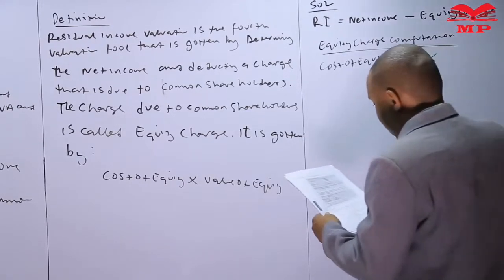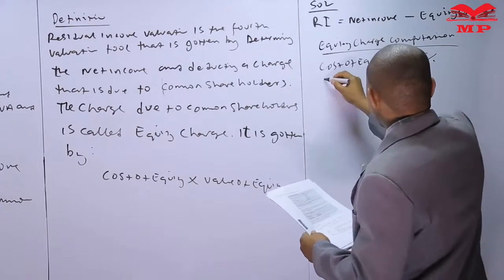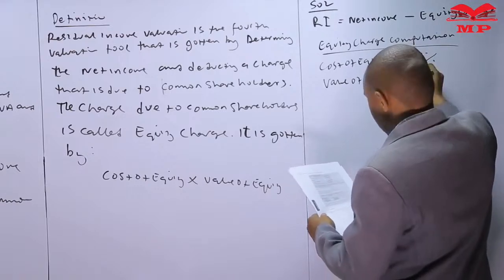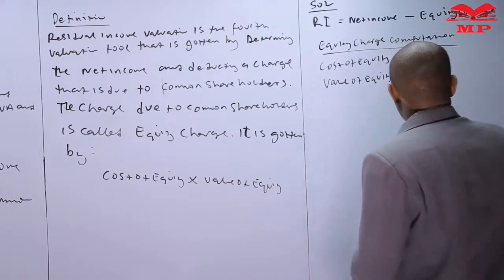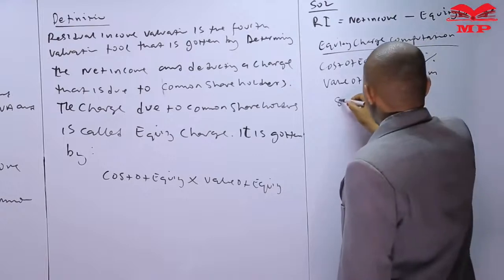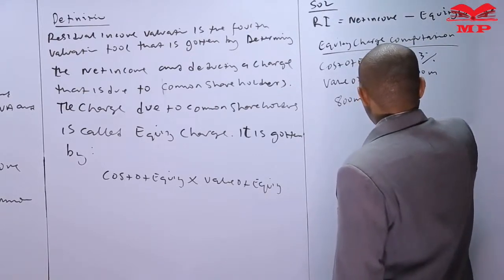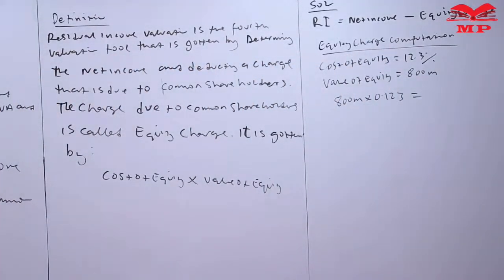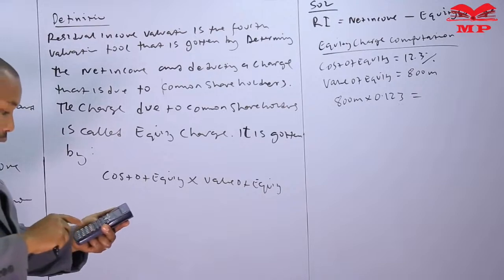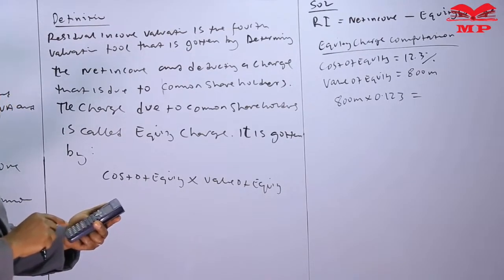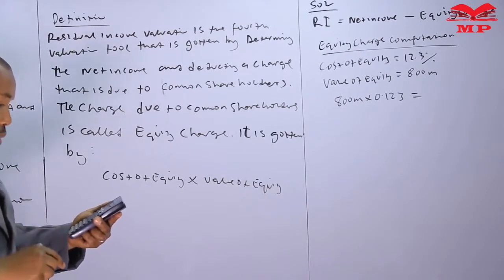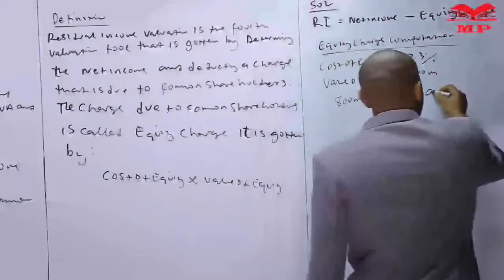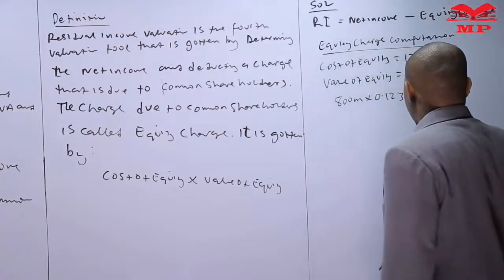And the value of equity is 800 million. So we say 800 million multiplied by 0.123, how much do we get? We have 98.4 million.